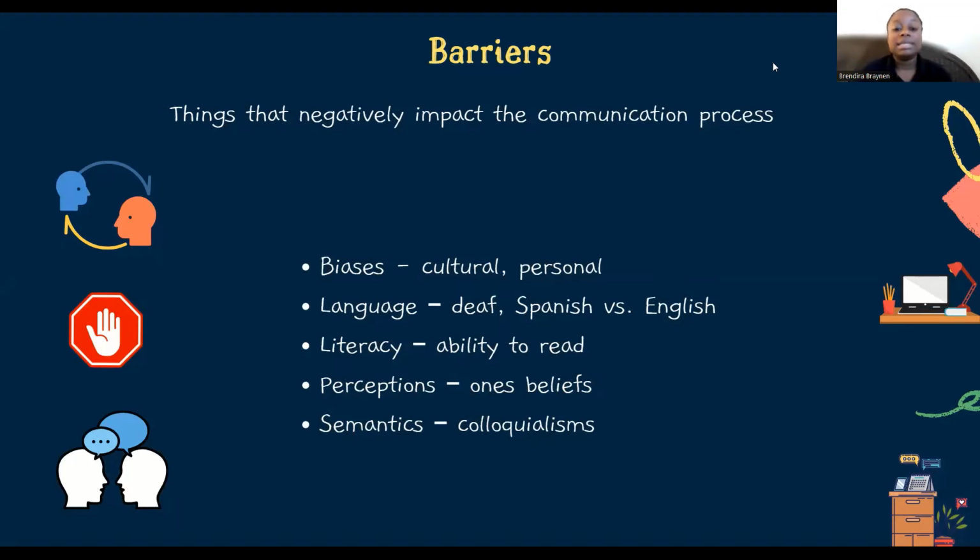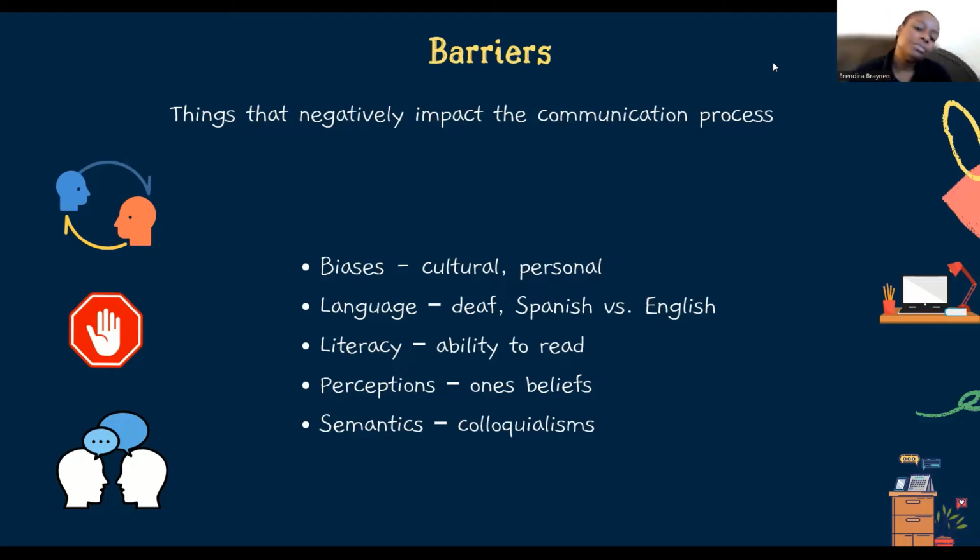Another one can be semantics, or what I like to call colloquialisms. Imagine somebody coming in from the United States and you're talking to them in your Bahamian vernacular. You're using Bahamian words that they may not be familiar with, or Bahamian phrases that they may not understand. Because they don't understand, you're stopping the communication process.